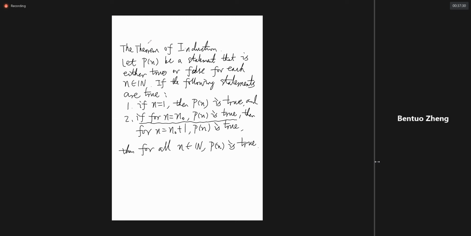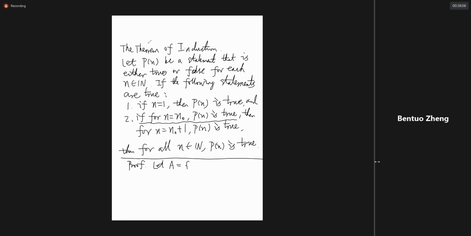All right, so let's just try to prove this theorem of induction using properties of natural numbers. Okay, so let's look at the proof. We'll define the first set A to be all the natural numbers so that the statement Pn is false.